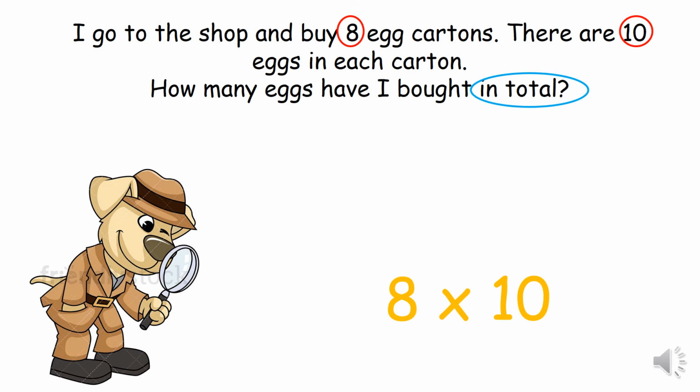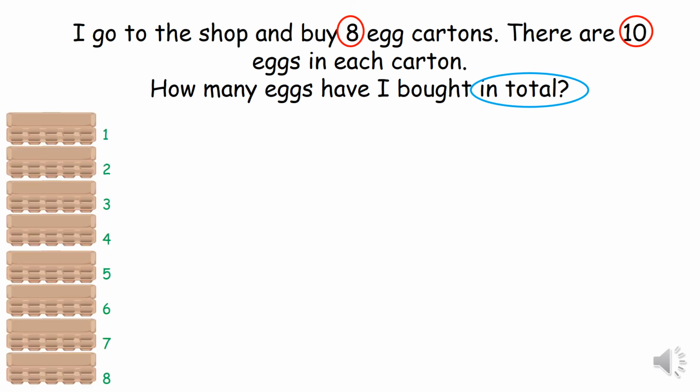So 8 times 10 is the same as 8 groups of 10. So we know we have 8 egg cartons and there needs to be 10 eggs in each carton. So we have our 8 groups there and now we need to put 10 in each group.